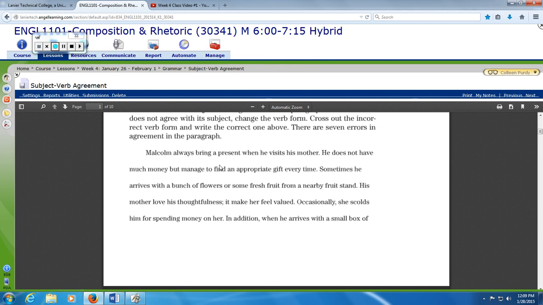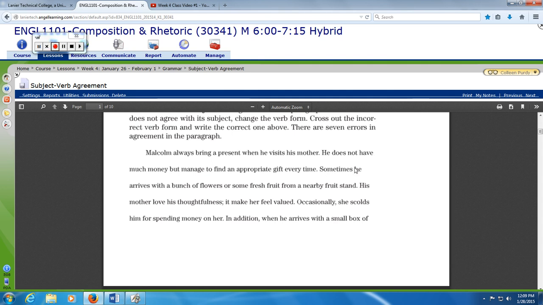In this case, we're going to have two verbs because he does have and he manage. Well, he does have as a singular subject. He's a singular subject, so you need this to match. So this has to be singular. Manages. To find an appropriate gift every time.